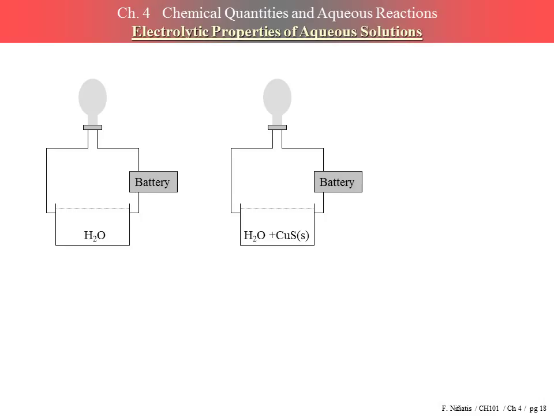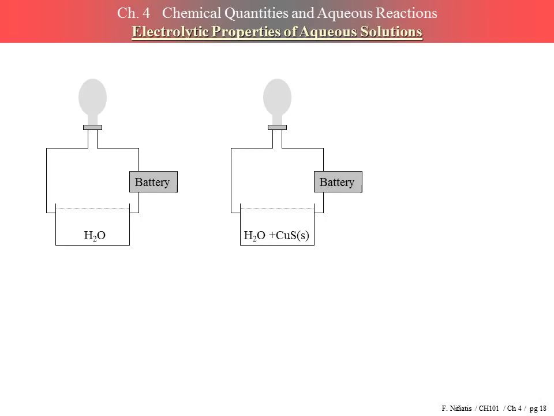Let's see the second experimental setup. Remember, in the first experiment we have water in the beaker. Now in this one we have water and copper(II) sulfate. I have checked the copper(II) sulfate in the solubility table that I gave you earlier, and it's water insoluble. What does it mean?